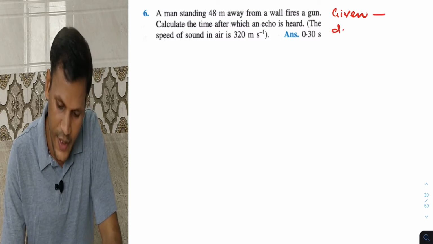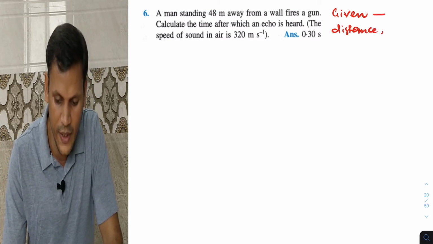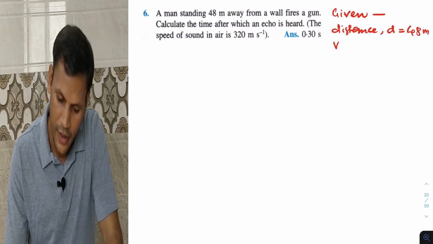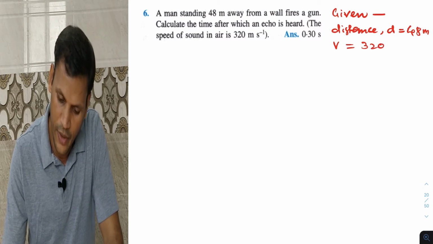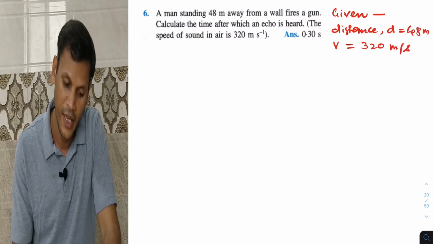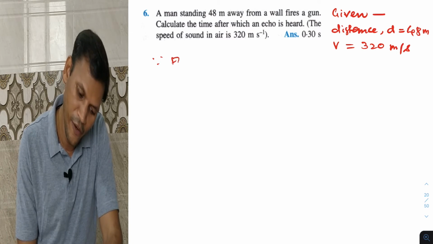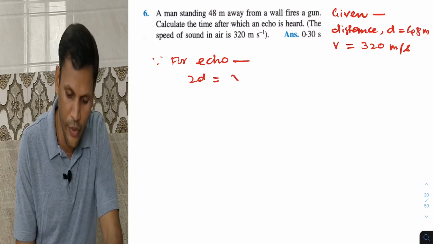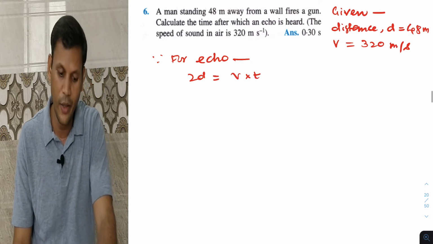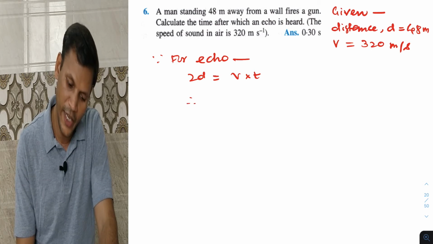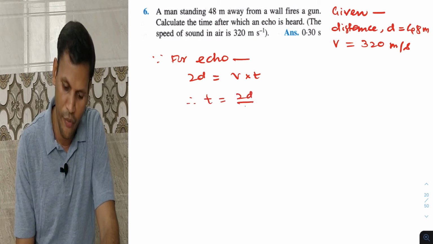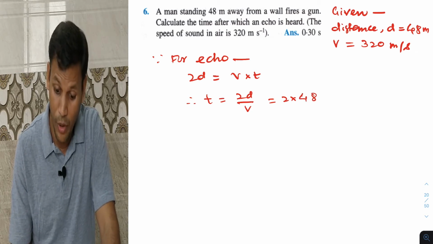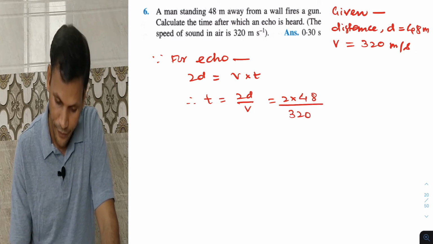Given distance D is equal to 48 meters and V is 320 meters per second, and we know for echo 2D is equal to V into T, and we have to calculate time. So again time T will be 2D upon V, so 2 into 48 upon 320.